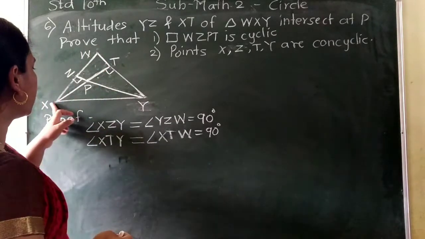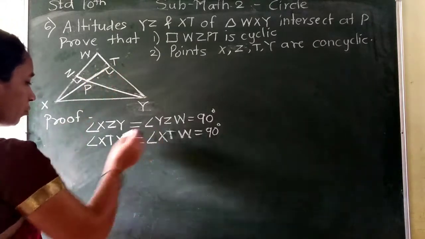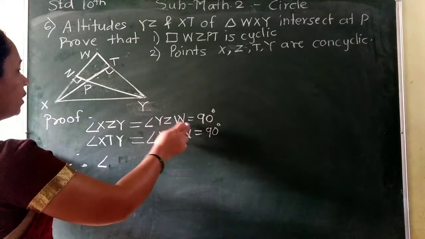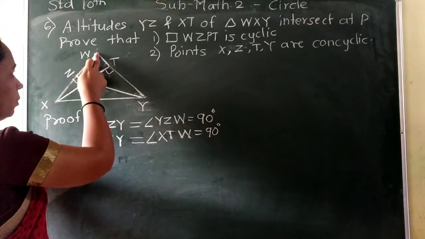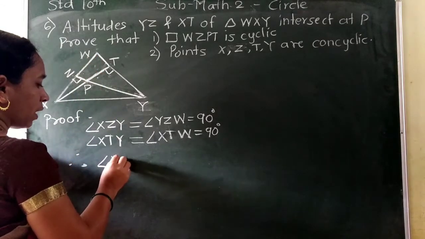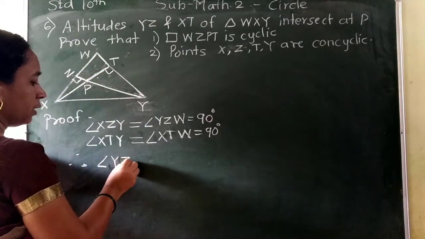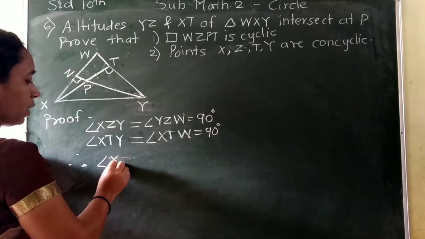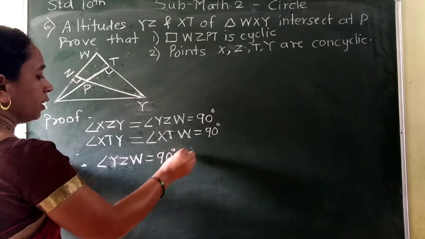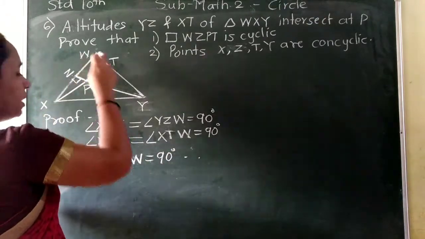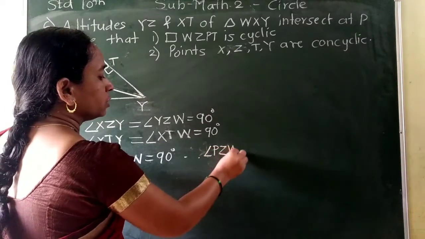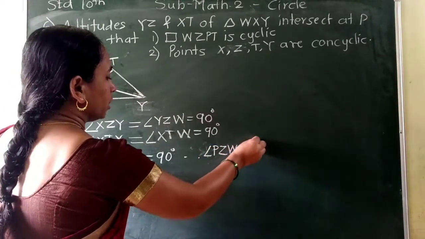Why? Because X-P-T are collinear. So therefore, angle YZW is 90 degrees, which means PZW is also 90 degrees. Therefore angle PZW is also 90 degrees. What is the reason for this?